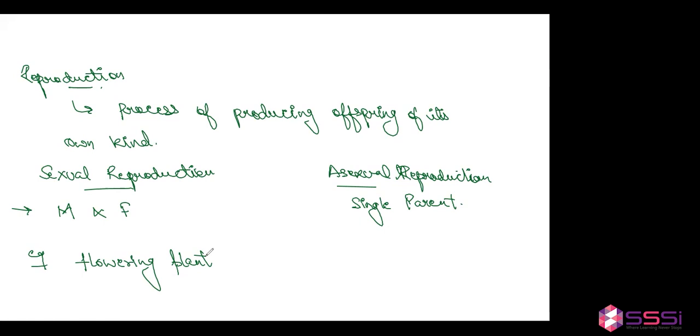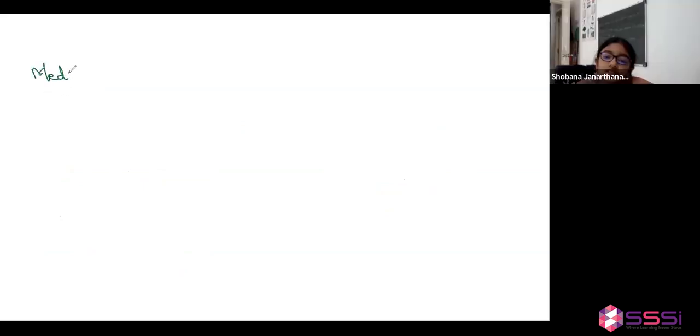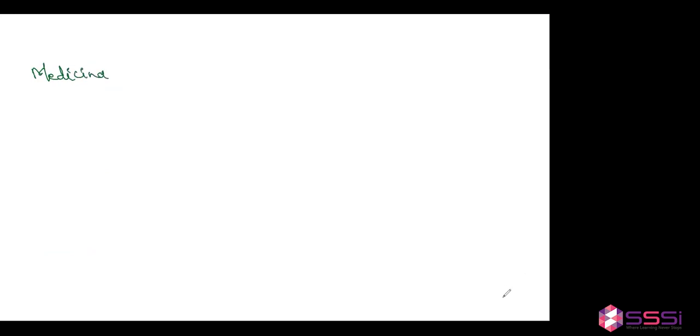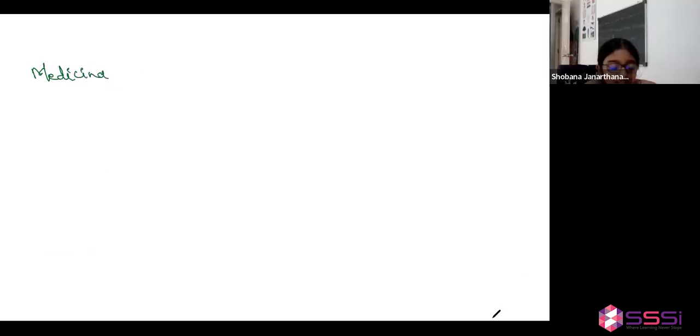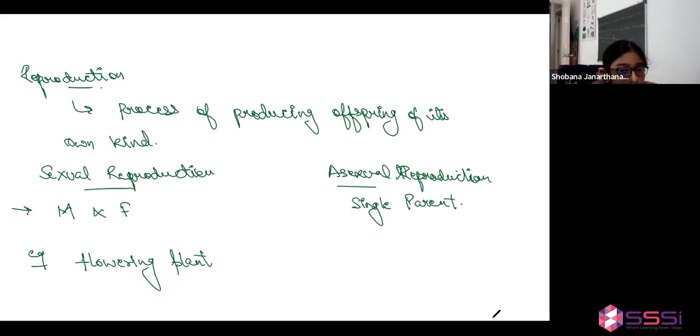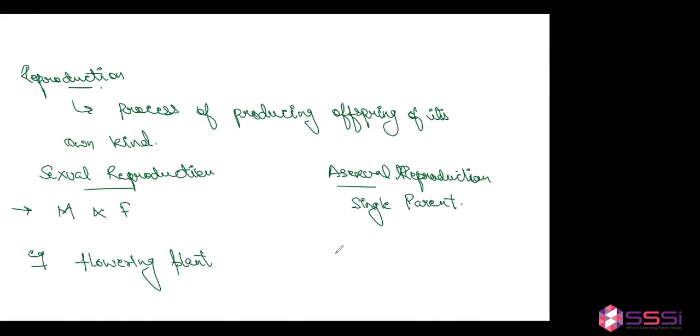Ma'am, are you there? Yes, I'm here. So we'll speak about some medicinal plants. Ma'am, what is an example for asexual reproduction? Ma'am, for asexual reproduction, is it non-flowering plants? Yes, non-flowering, and just a second.